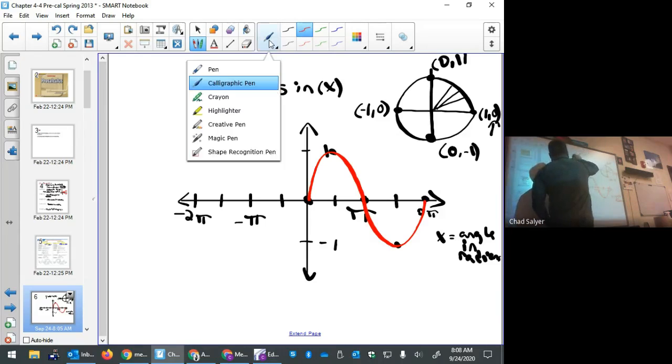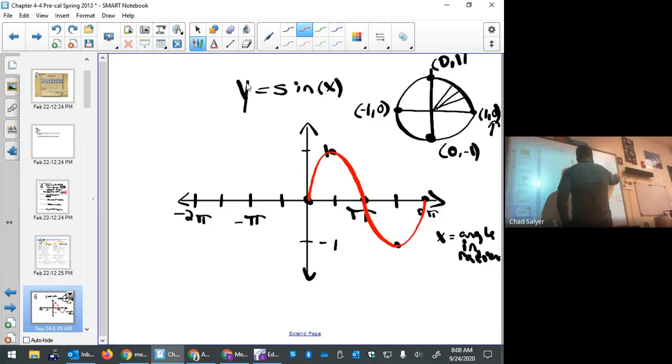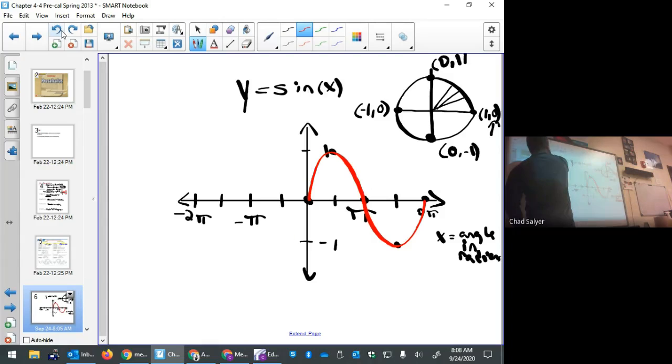Now let's do the points on the left side. So we're moving in a negative angular direction when we go to the negative values here. So first of all, negative pi over 2 is here, so that's -1. I'll use black for the points.